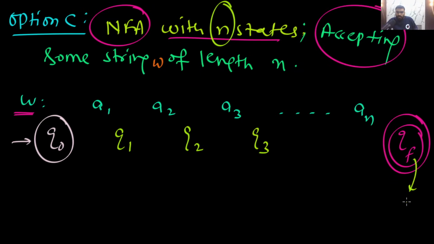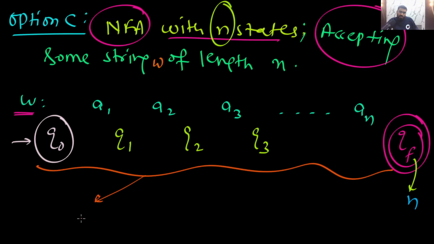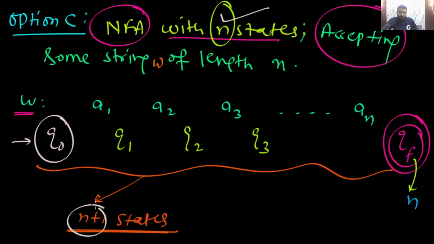Sorry, look at this sequence: there are a total of n plus 1 states. So some state will definitely repeat because you only have n states. In this sequence, the NFA is going through n plus 1 states, but the NFA has only n states.